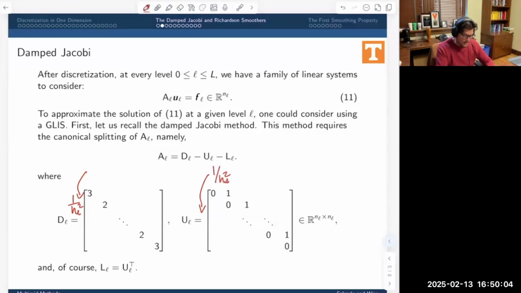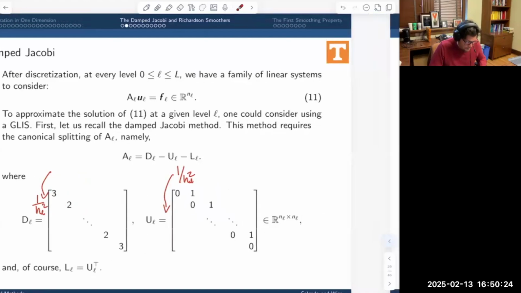Okay, missing that. But otherwise, they're constants, right? So the upper triangular part is 1 over h_L squared times zeros everywhere except ones on the super diagonal. And of course, the lower triangular part is just the transpose of the upper triangular part.